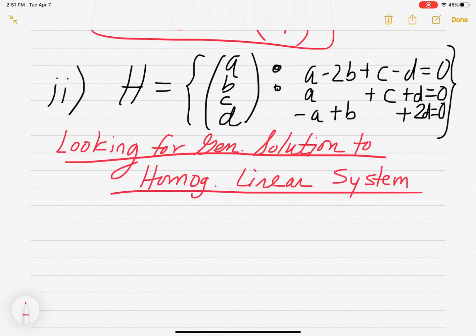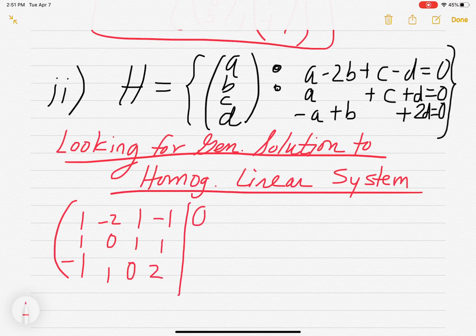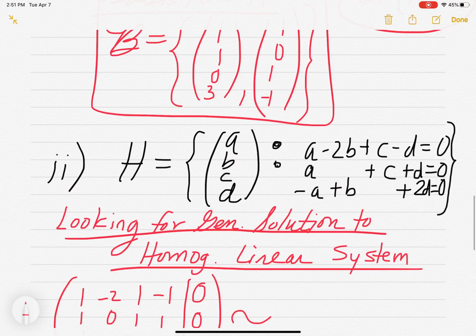So essentially you can create an augmented matrix and put 1, 1, negative 1 down the first column, negative 2, 0, 1 down the second column, 1, 1, 0 down the third column, negative 1, 1, 2 down the fourth column, and then augment that with the 0 vector. And row reduce this using your RREF function.